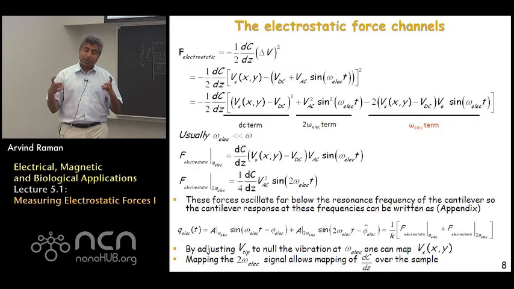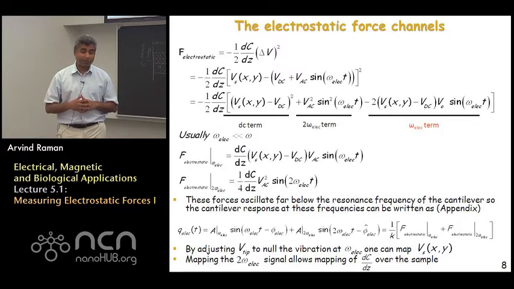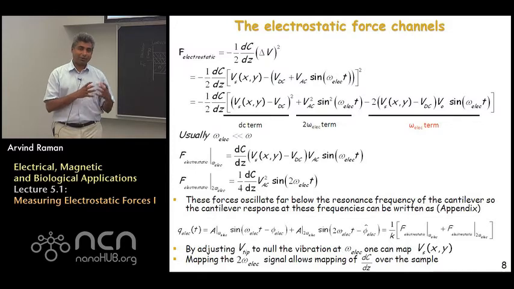And in this expression, we plug in the delta V expression from the previous slide, and we expand the terms, and we see that upon expanding the terms, we get three distinct terms. The first would be a purely DC term, which involves the square of the difference of Vs and the DC bias voltage. There's also a term which involves sine squared omega elec t. Sine squared can be written using trigonometric identities as 1 minus cosine 2 omega elec t, divided by 2.